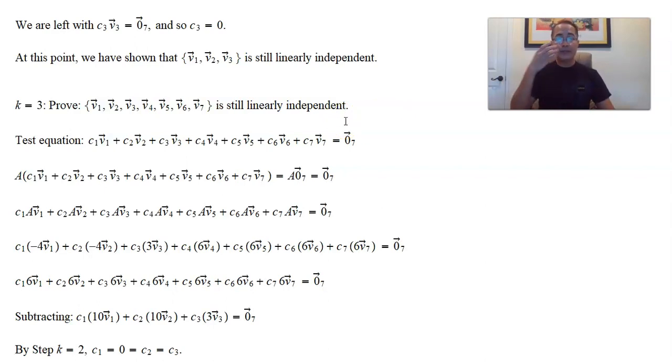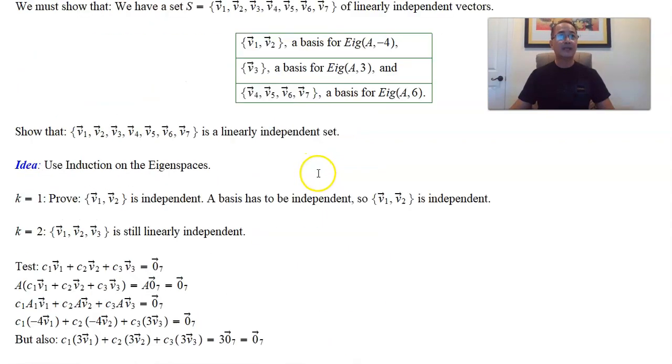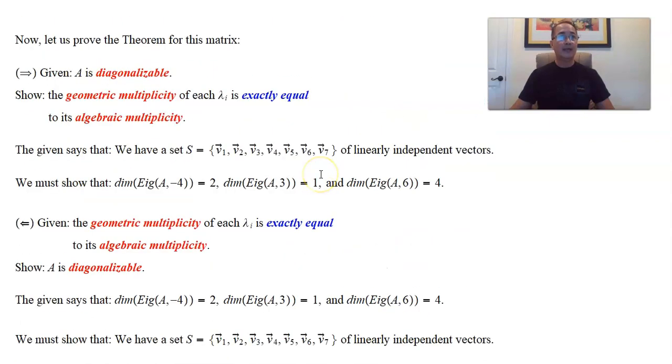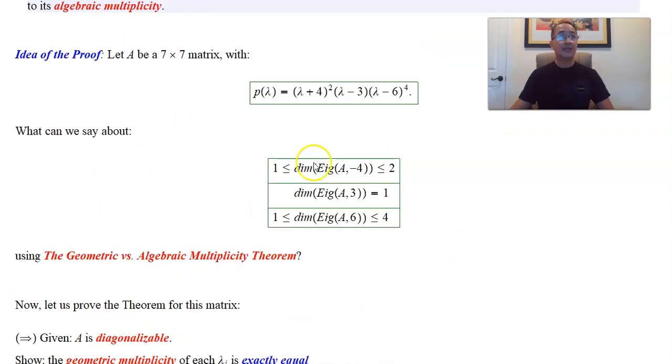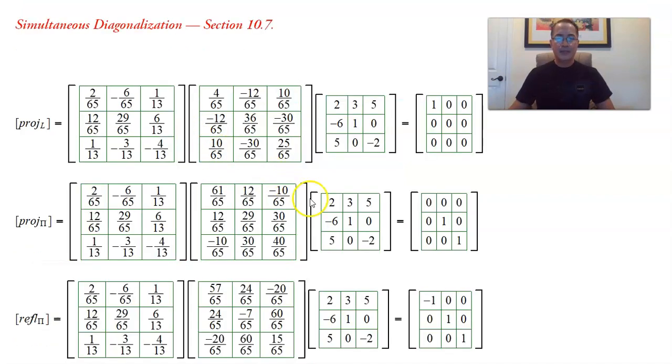And of course we wanted to do that because now we have 7 linearly independent eigenvectors, we have a 7 by 7 matrix, and so we can put together those 7 eigenvectors into a single matrix. That matrix will be invertible because the columns are independent, and therefore our matrix A is diagonalizable.